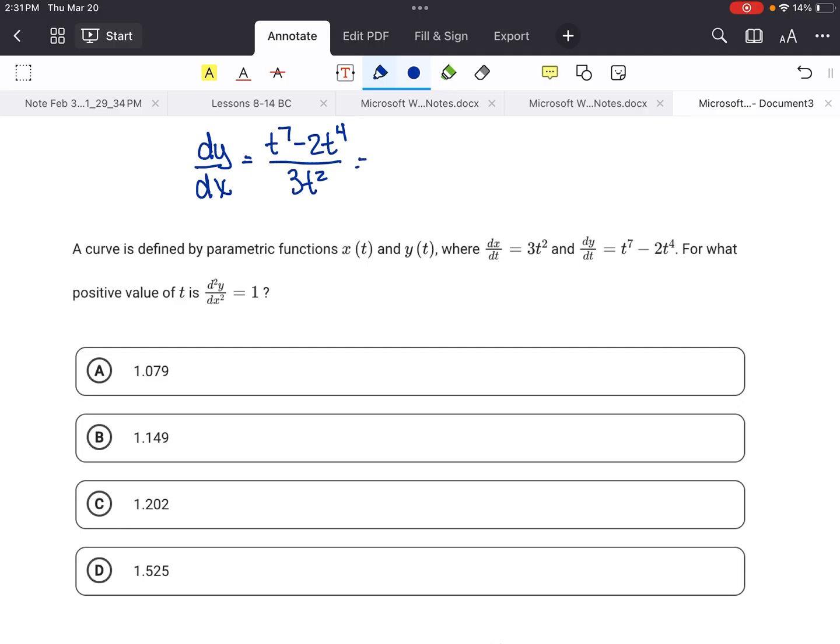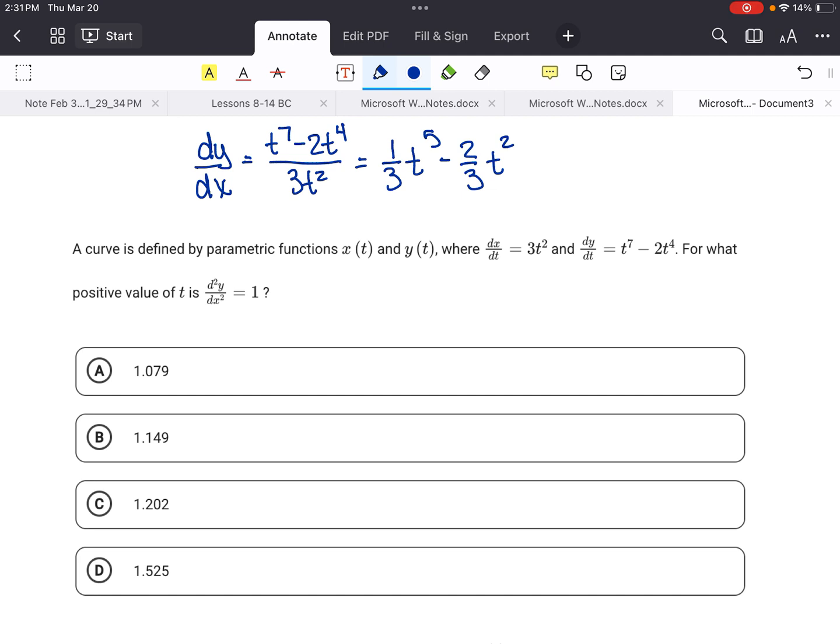So I'm going to do the derivative of this again to get the second derivative, but if I leave it like it is right now, I'm going to have to do the quotient rule, which isn't the worst thing in the world, but it's also maybe not a bad idea to rewrite this as individual terms instead of a quotient.